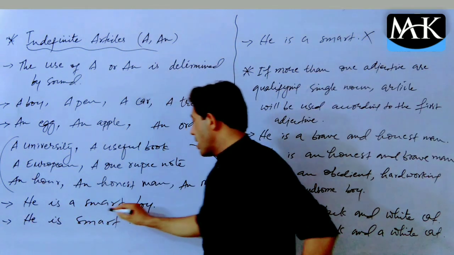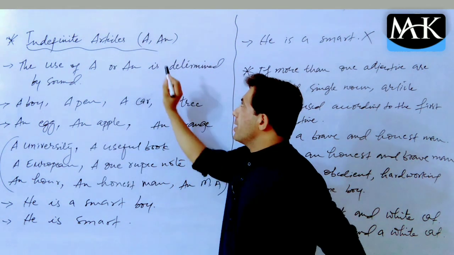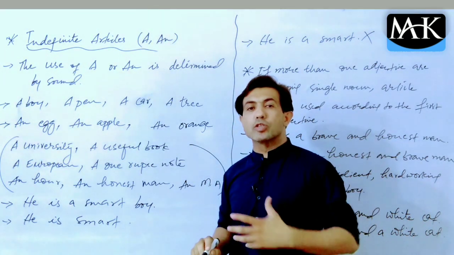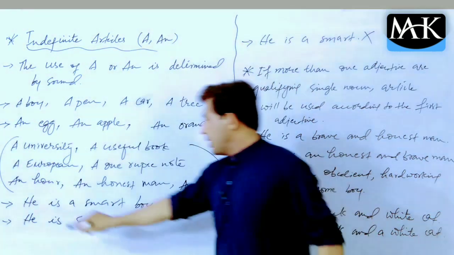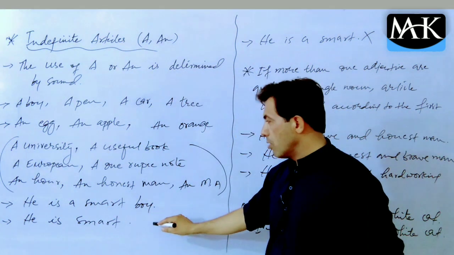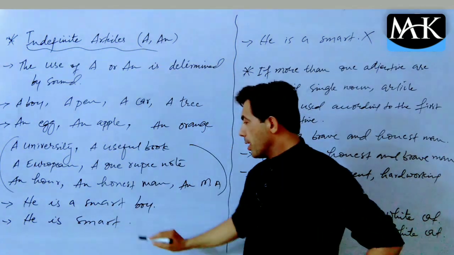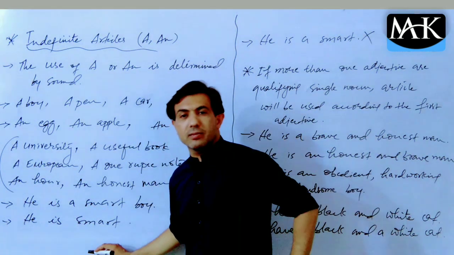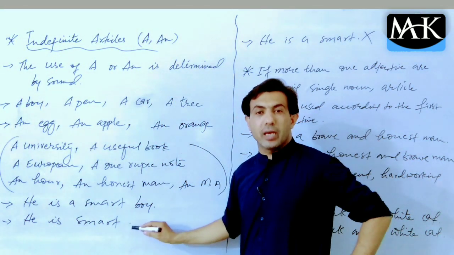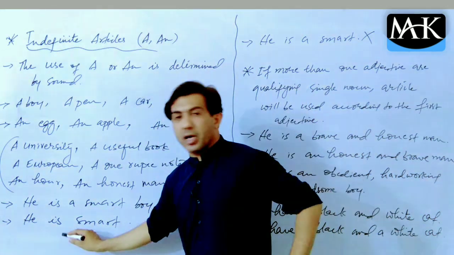Then I have also mentioned some different examples here for you. He is a smart boy. Listen now. Indefinite articles, I mean a and an, are used with countable, singular nouns, right? He is a smart boy. Smart is an adjective, boy is a noun, therefore we use a here. But if we say he is smart, there is no noun, therefore we should never say he is a smart.